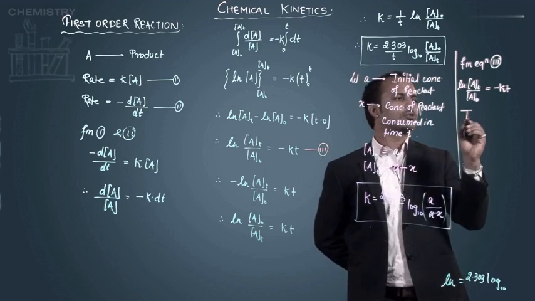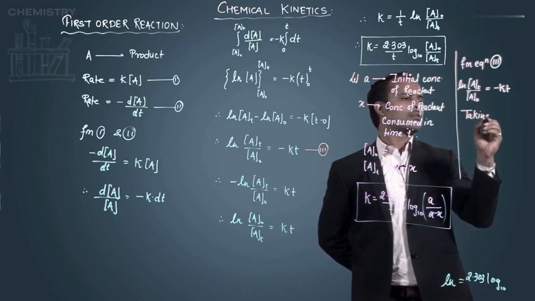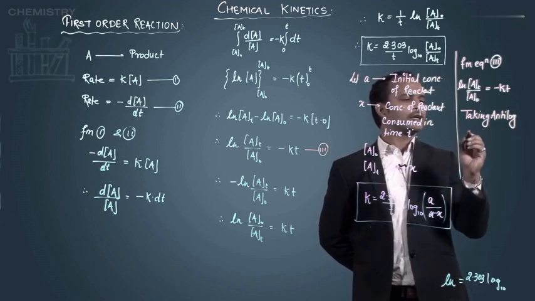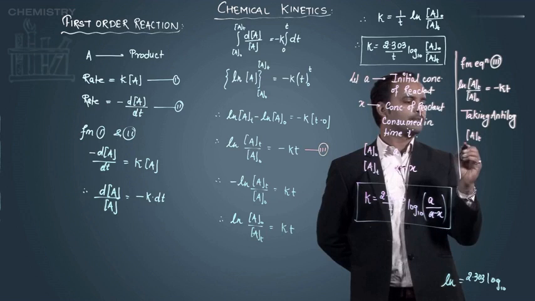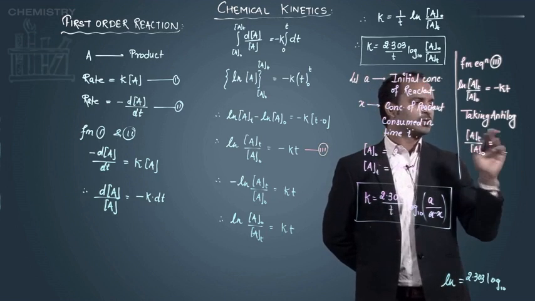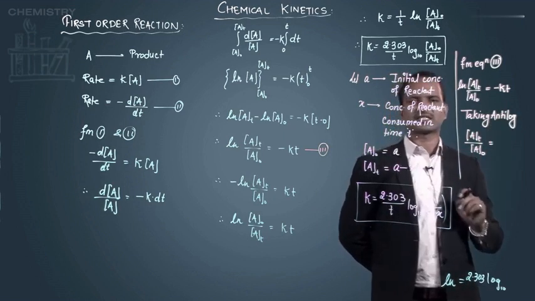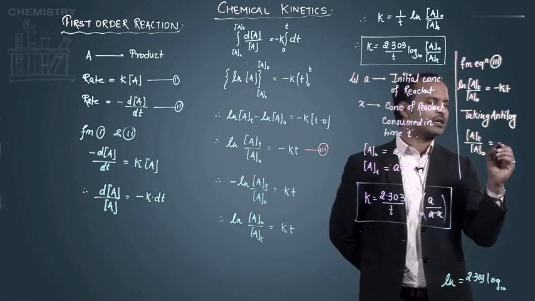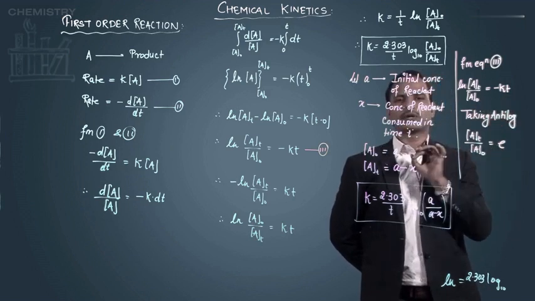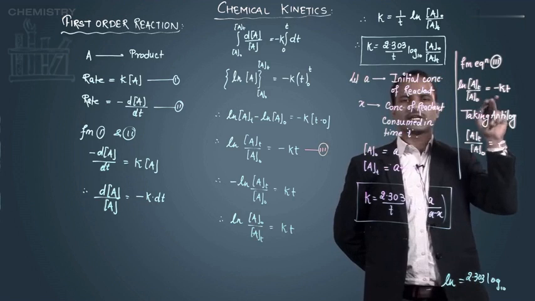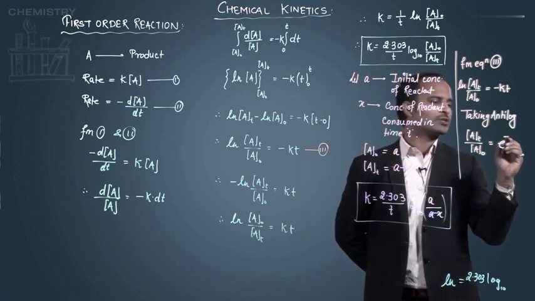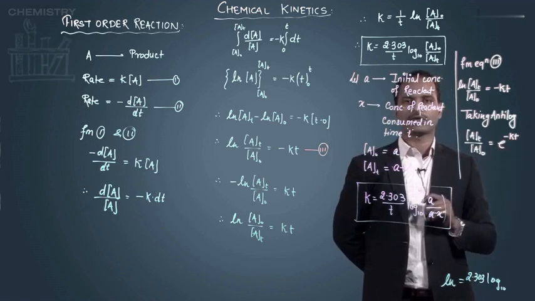So taking antilog on both sides, AT upon A0 is equal to the antilog of minus kt. Instead of writing antilog, I can write e raised to the power; the term whose antilog is to be taken is always written as the power of e. So it is going to be e to the power minus kt.